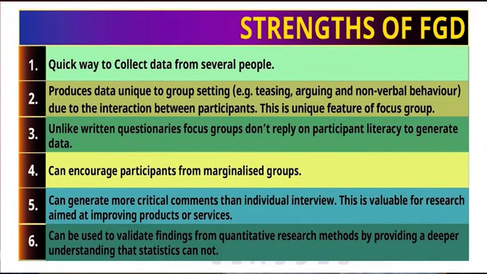Number 6, it can be used to validate findings from quantitative research methods by providing a deeper understanding that statistics cannot. Now, this is a very important point. In quantitative research, you have only the data, this much percentage, 80% in favor, 20% not in favor.